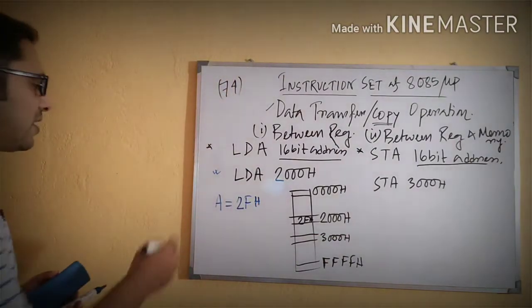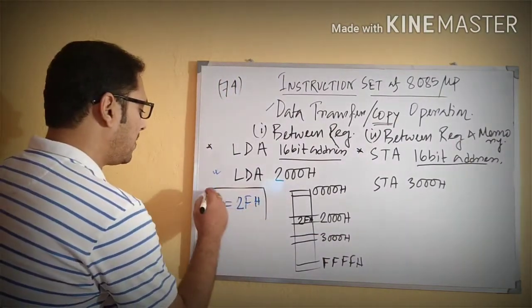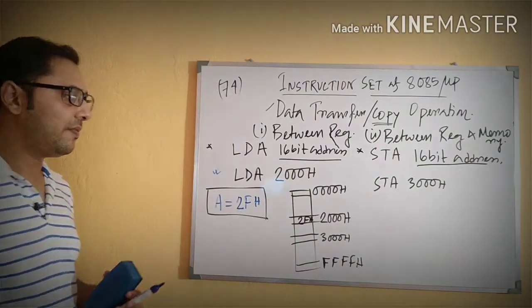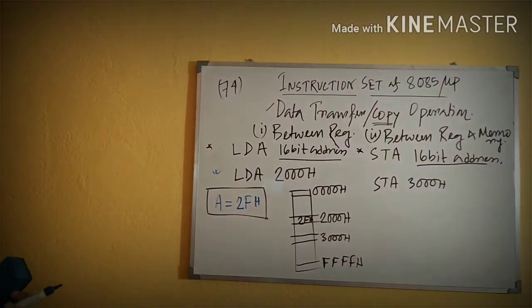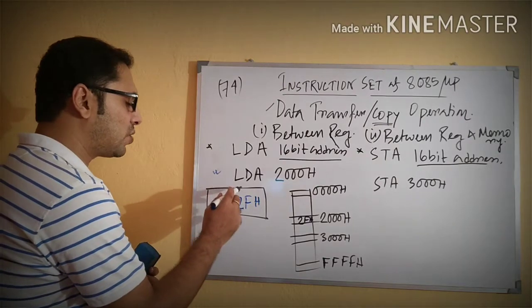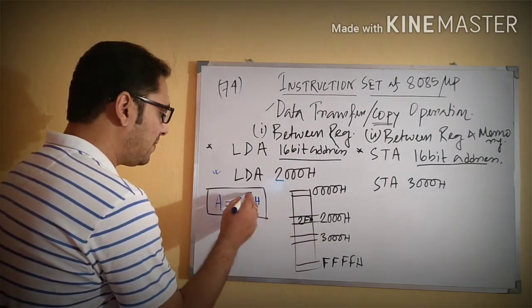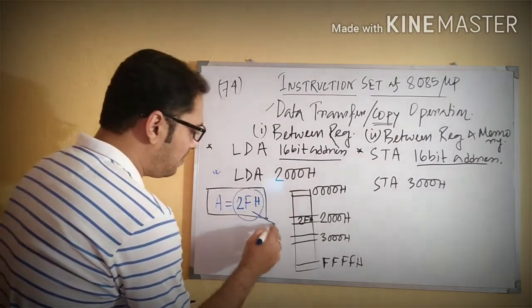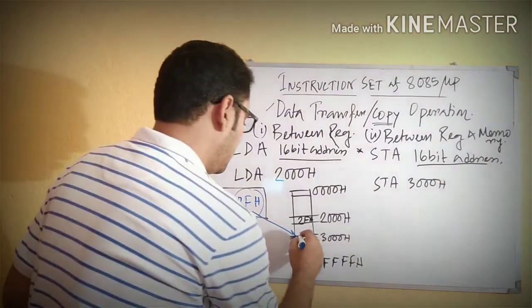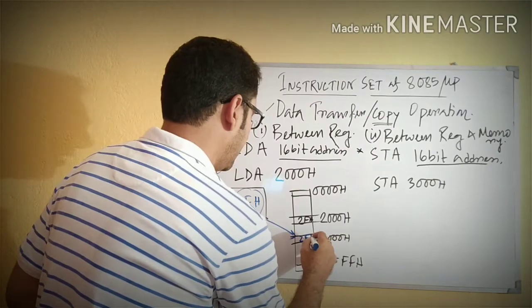The accumulator is already loaded with this value, 2F hex. Now if I execute STA 3000 hex, the content of the accumulator will be directly stored to this location. That means this 2F hex will be copied here.